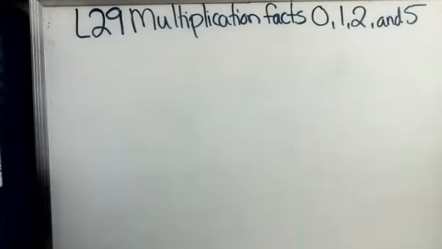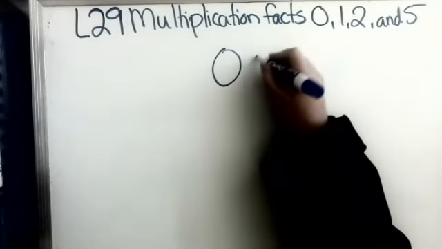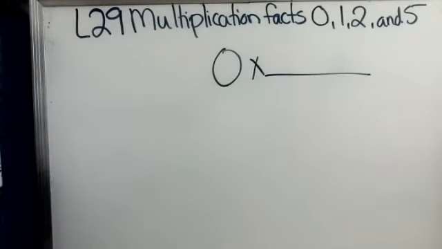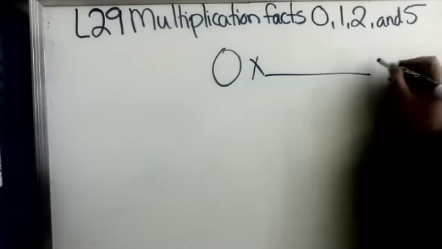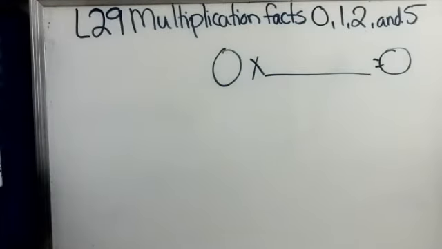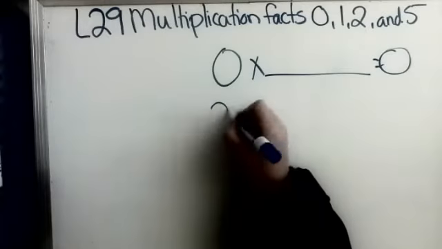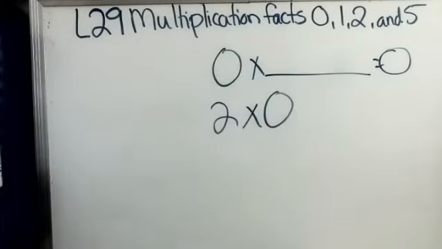So, rules for ones, twos, and fives. Zero: if you times anything, I do not care what it is, how big or small, by 0, the answer is 0. Nice and simple. The reason is, let's say I have two groups of 0.